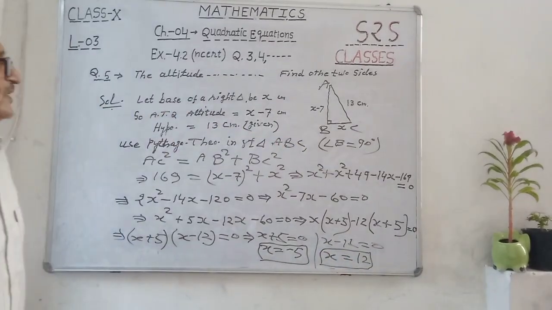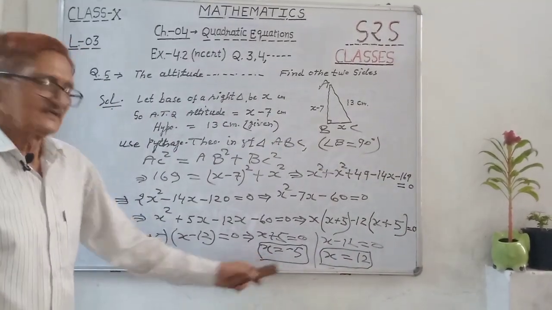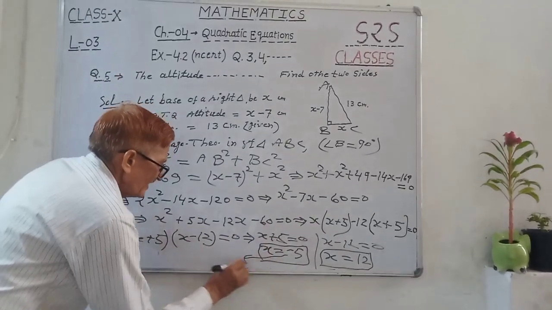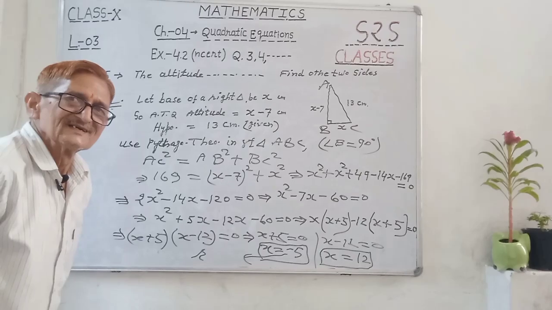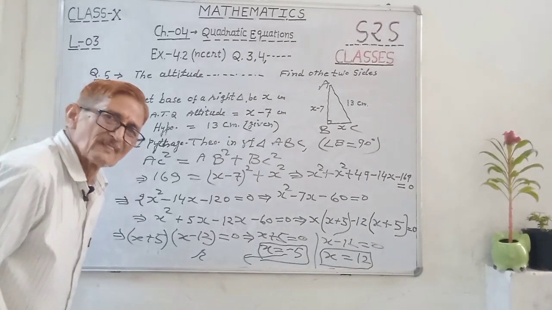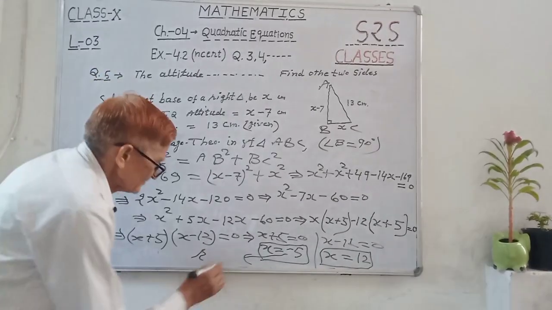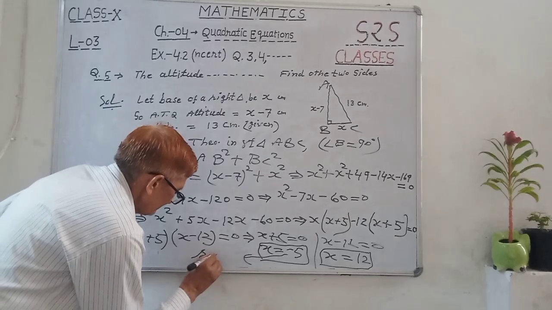One negative, one positive, so the negative is rejected. Why? Because it is the length of a side, and a side can never be negative, so rejected.